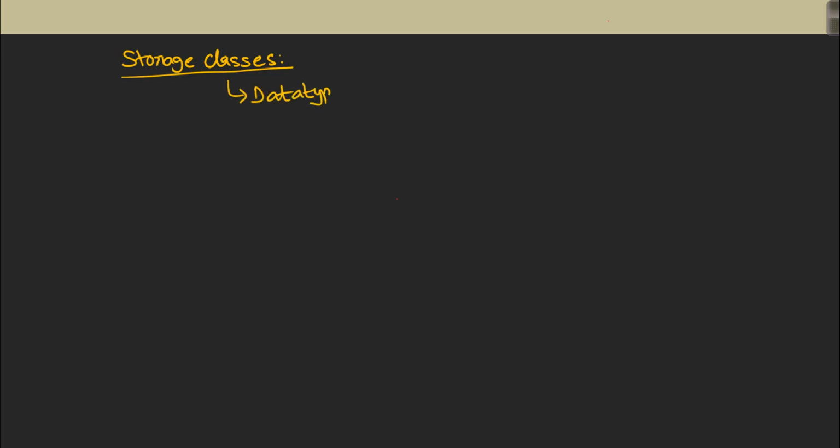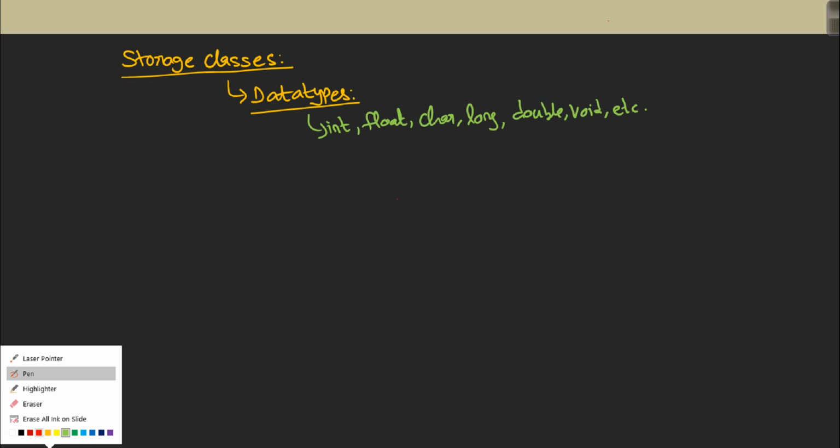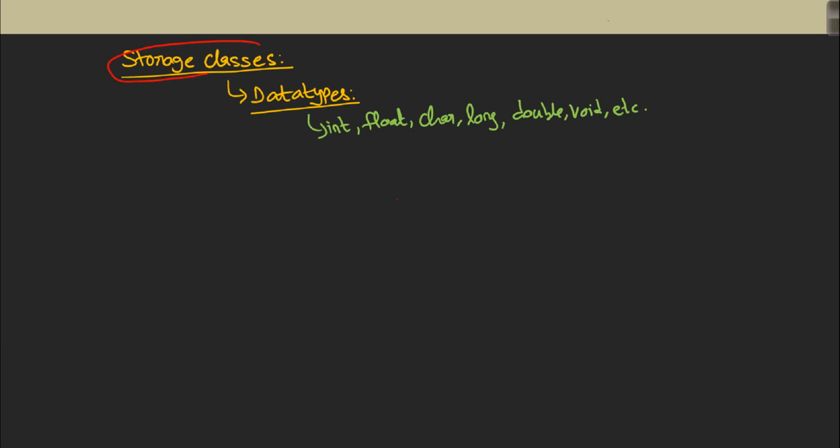Okay, so you all know the basic data types or primitive data types like int, float, char, long, double, void, etc. The storage class is a topic where we are going to predominantly deal with the placement of these data types and their effects.